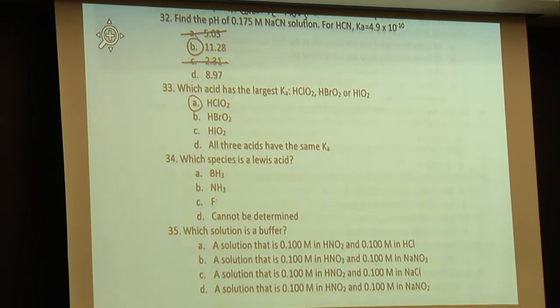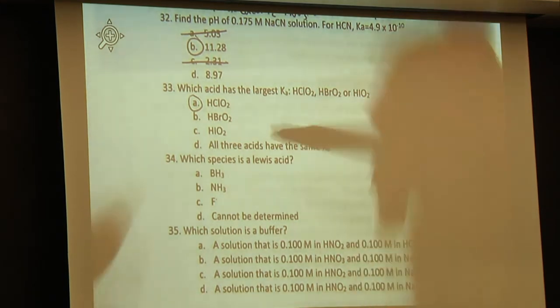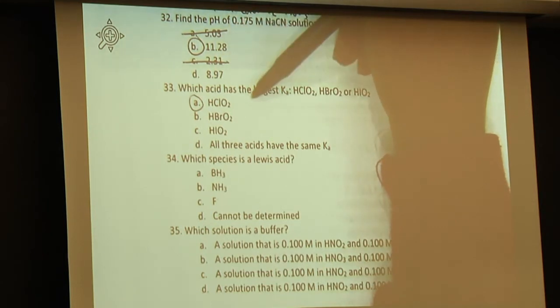But how do we know? Because these are all weak. Well, then how would that connect to Ka? You said the easier it is to dissolve, the greater the Ka. And you said larger ions are harder to dissolve. So therefore, it would have to be the smaller one, which would be A.